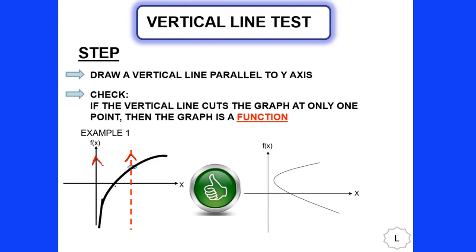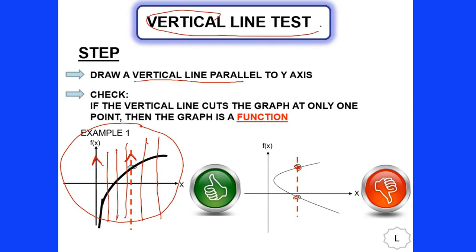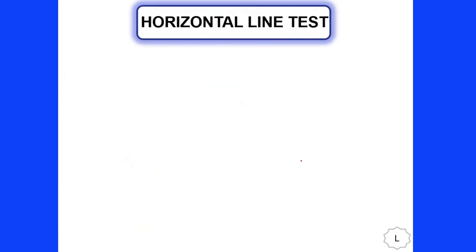It's vertical, all vertical. It cuts at only one point, so this is a function. And this one is not a function because it cuts at 2 points. Make sure you remember to determine the function using the vertical line test. Please remember this, it is good for your objective.